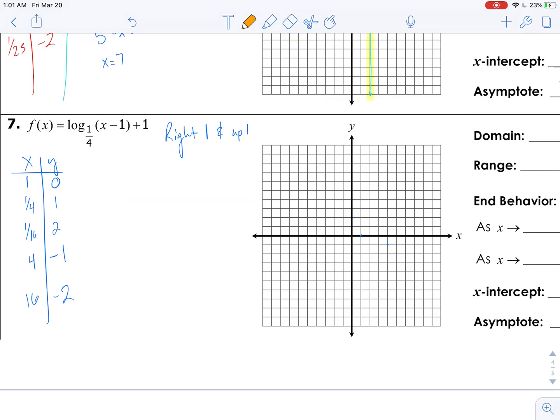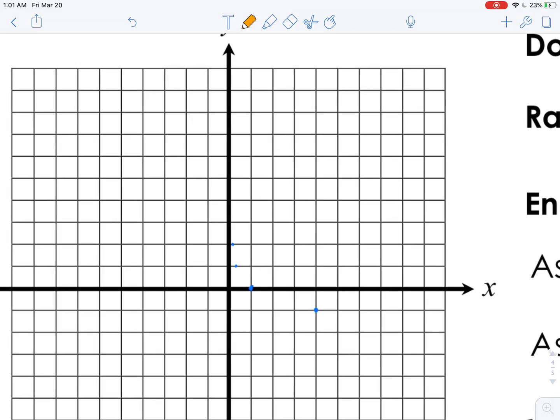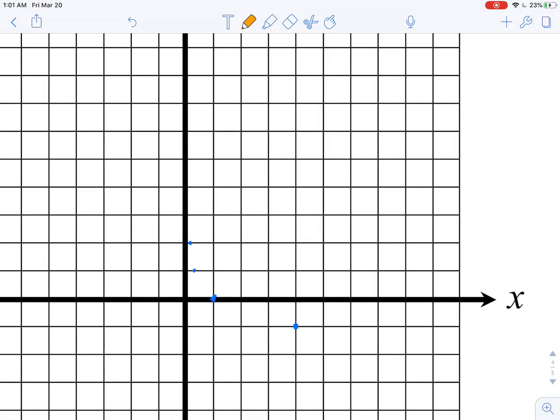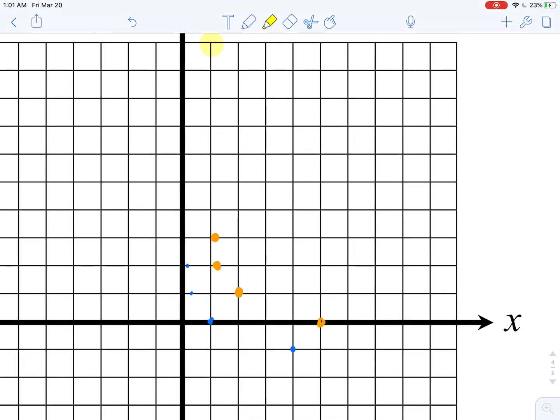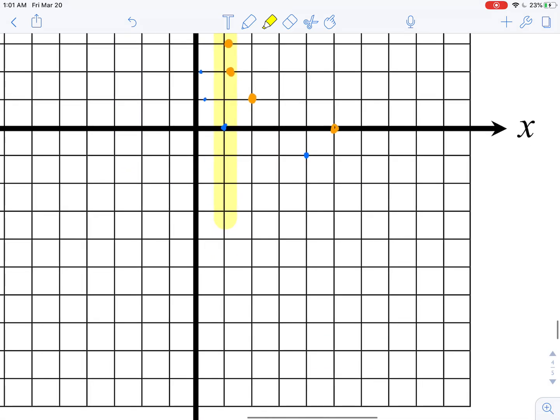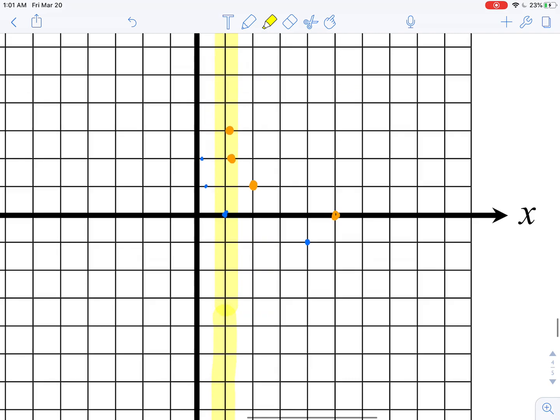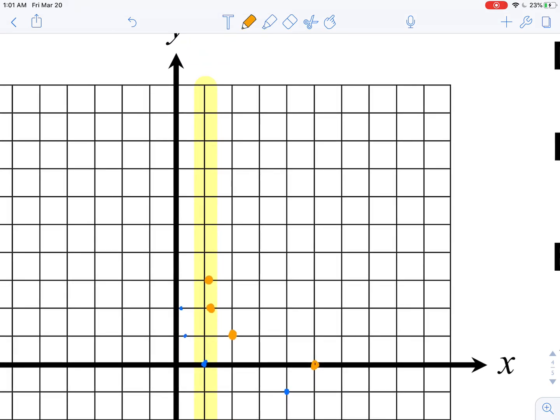Let's do this one in orange. So right 1 and up 1. Right 1, up 1. And we shifted right 1. So our asymptote shifted right 1.